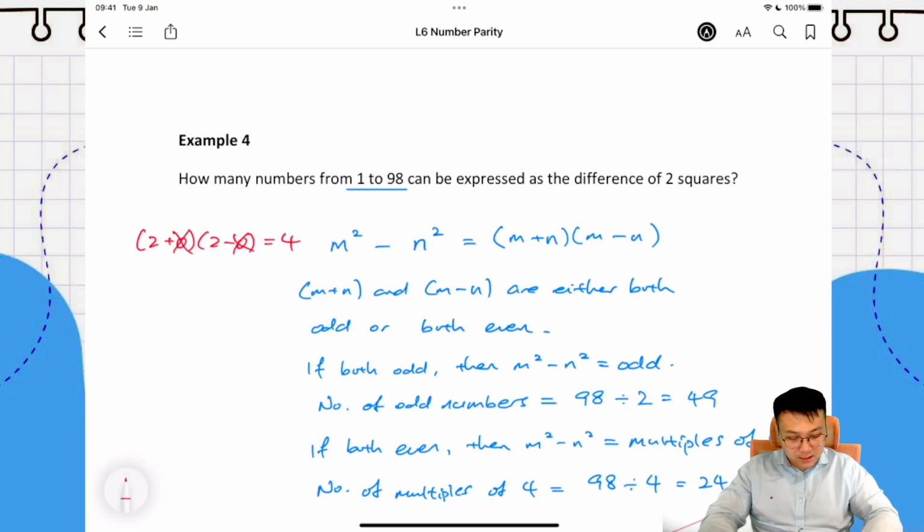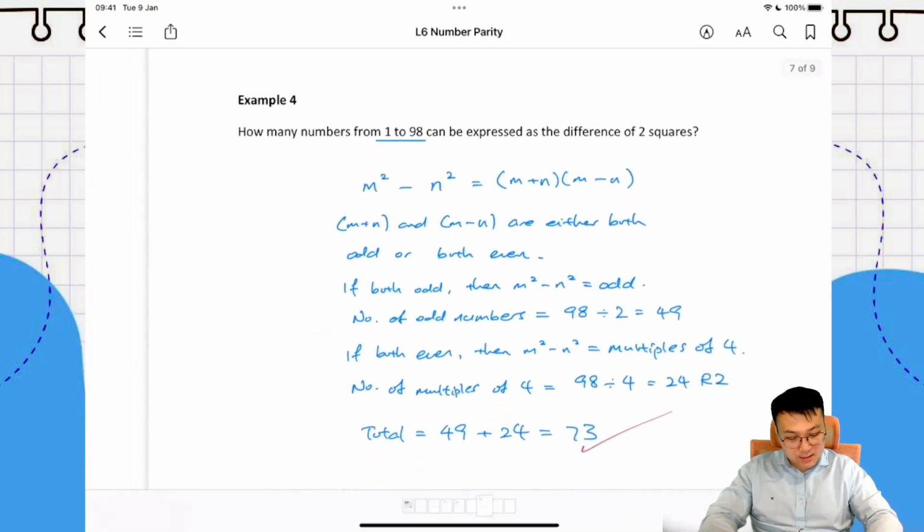But actually they are asking you what numbers from 1 to 98 can be expressed as a difference of two squares. So I was thinking that m and n must be from 1 to 98. But actually they don't care about that. They only care about the outcome. The outcome must be from 1 to 98. So number 4 is accepted, and n can be 0. Okay? So the answer is 73.